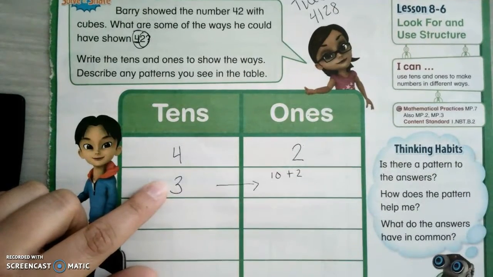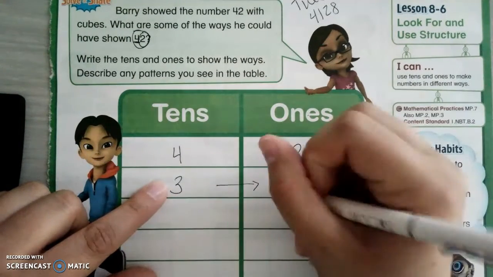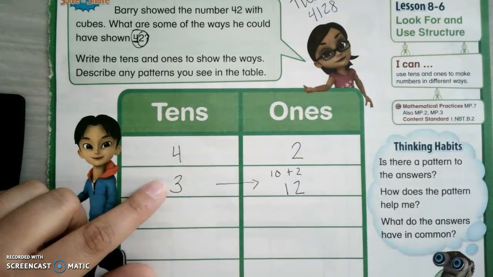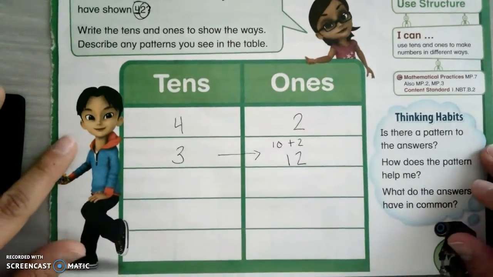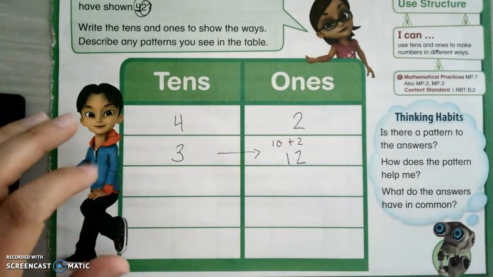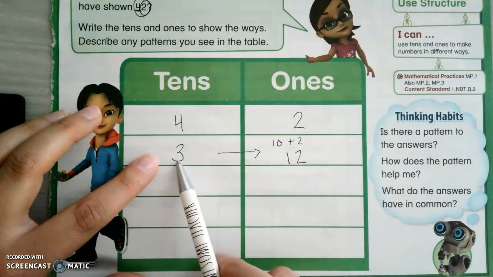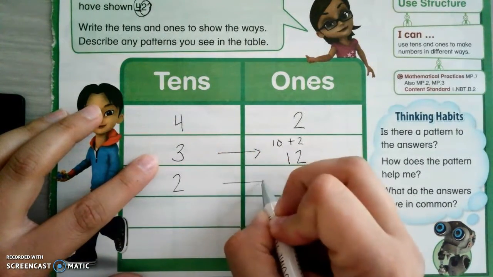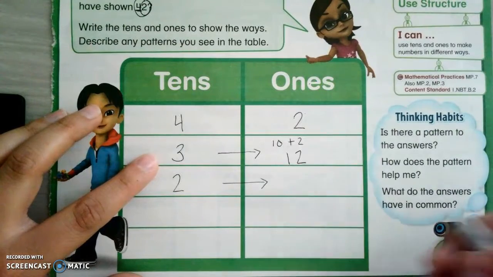What's 10 plus 2, guys? 12. Right. Okay. Now, I'm going to do it again. Now, I'm going to steal a 10 from this side, and I'm going to make it a 2. And I'm going to put the 10 on this side.